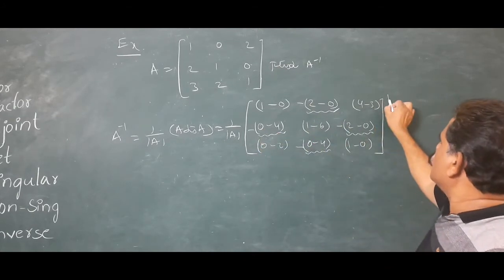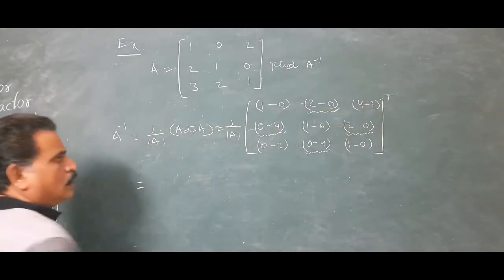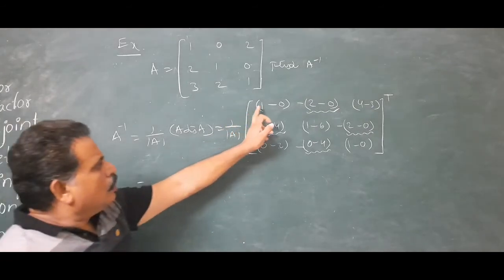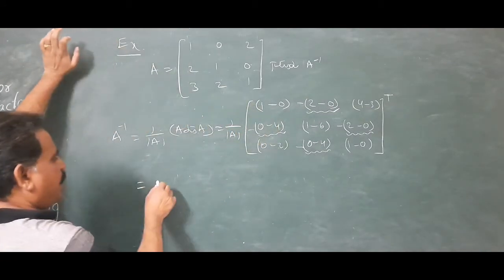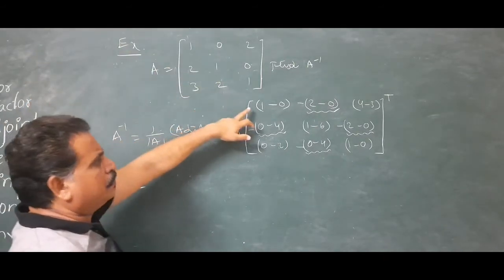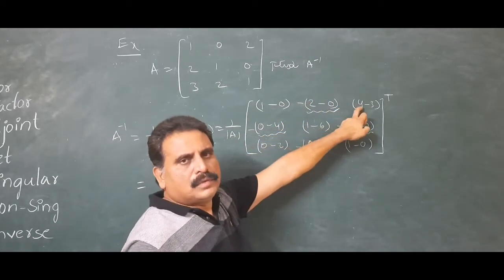Next, transpose. Now note down column wise, 1 by det A. What is det A? How to find det A? Look here. This is 1, this is minus 2, 1.